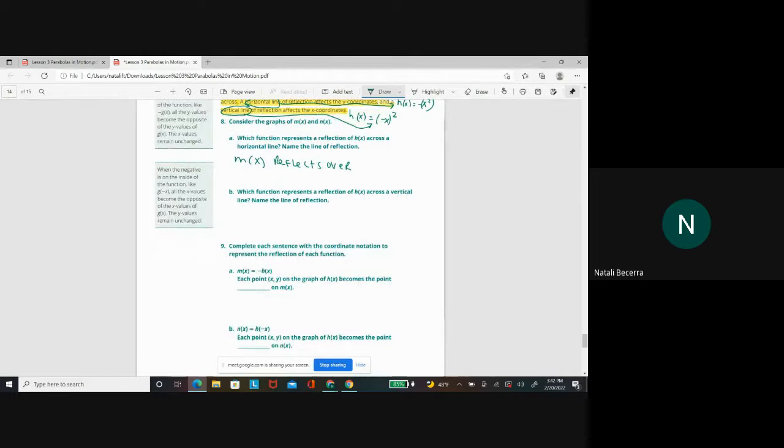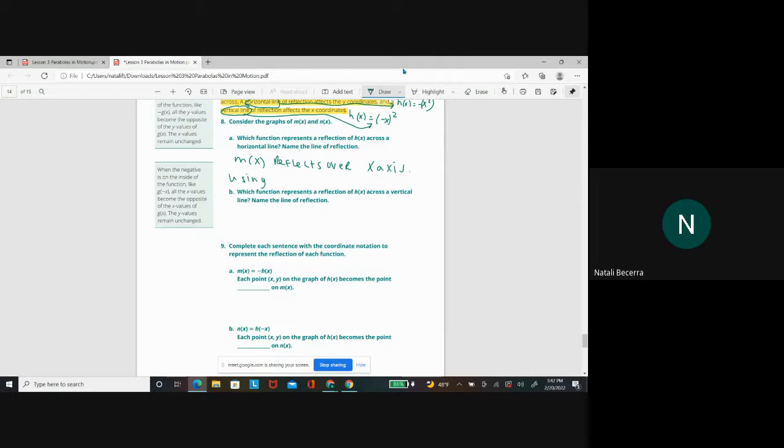Over the, sorry, no, not the y-axis. I think it was the x-axis. Let me look at it again real quick before we write it down. Okay. Over the x-axis. It was the x-axis.